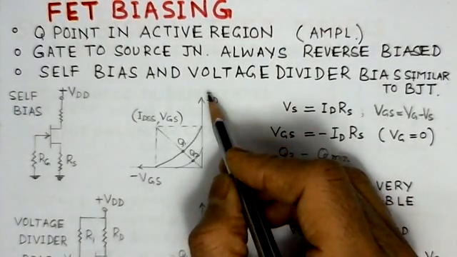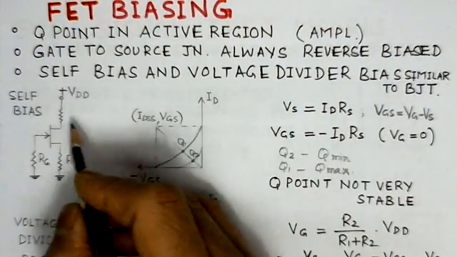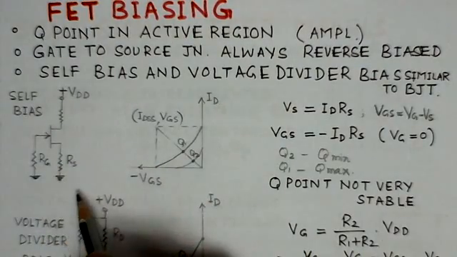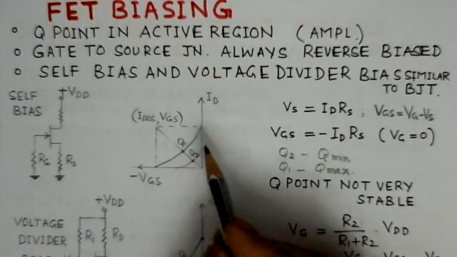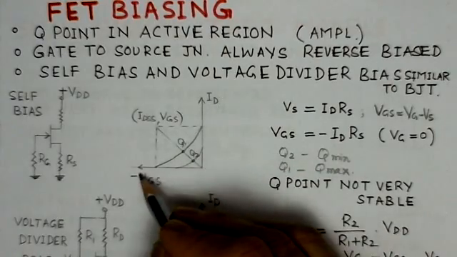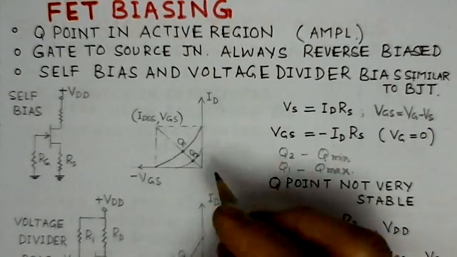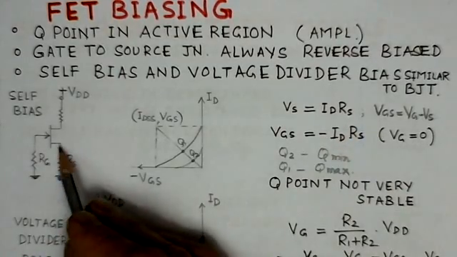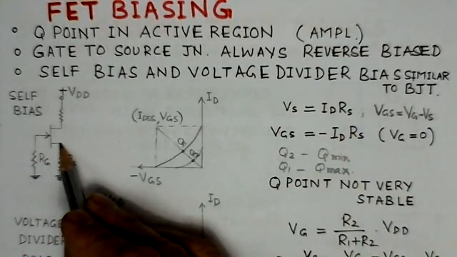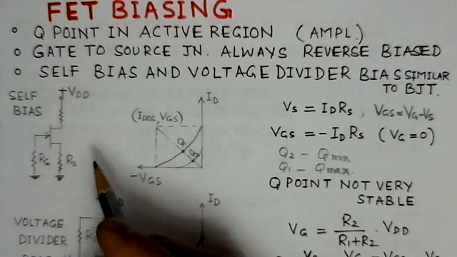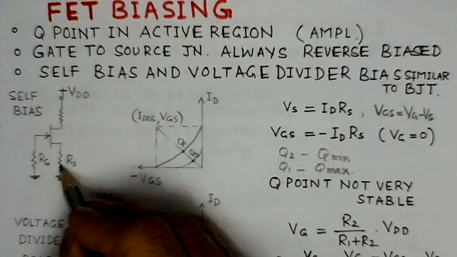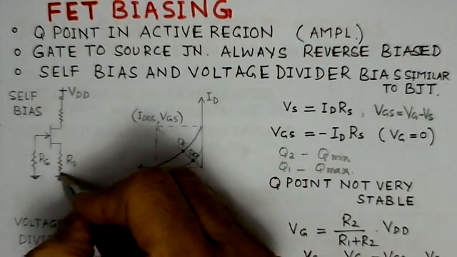What we observe here is a circuit for the self bias where RG is the self bias resistor being connected here. We observe that VS, the voltage across the resistance at the source terminal, is IDRS. ID would be the same here as well as here.